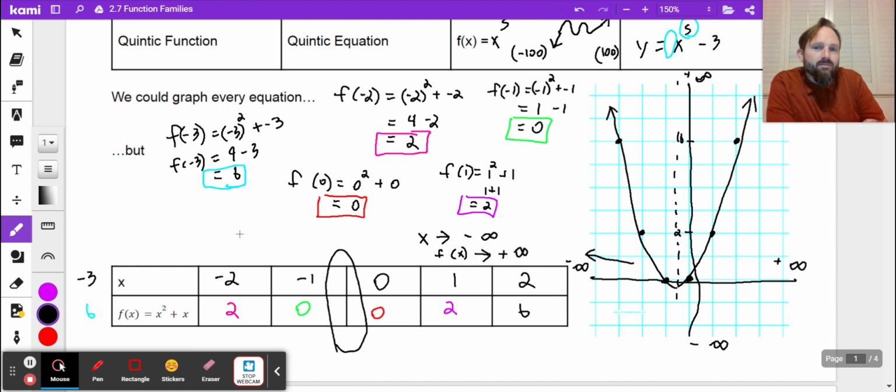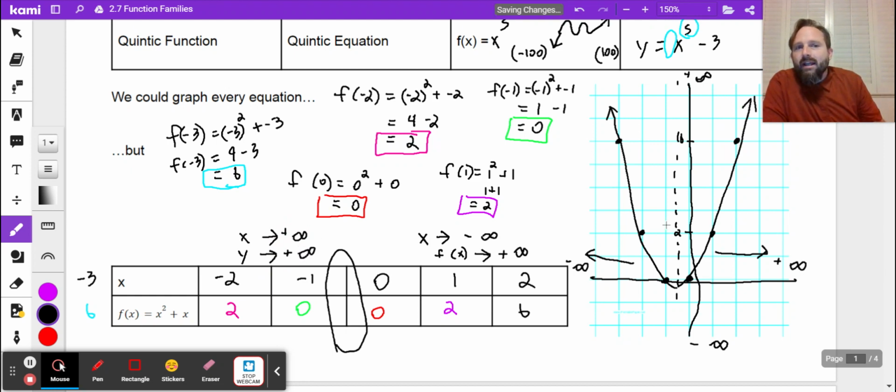And as x approaches infinity, as x goes to the right, is it going up or down? It's going up. And that's where positive infinity is. So I'm going to say y is going to approach positive infinity.